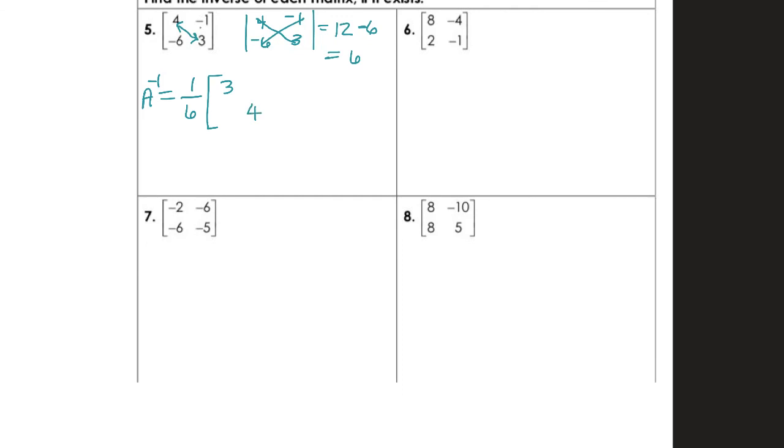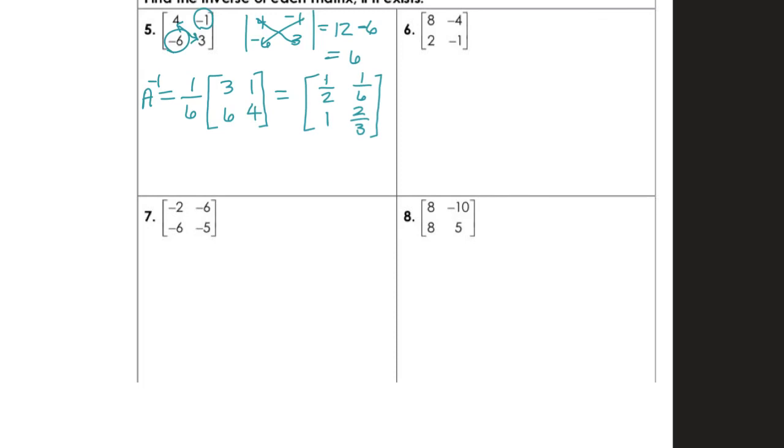The other two elements just change signs, so it's going to be positive 1, positive 6. Now multiply through to get your inverse. So 1/6 times 3, that's 1/2. 1/6 times 1, 1/6. 1/6 times 6 is 1. And then 4 times 1/6 is 2/3.